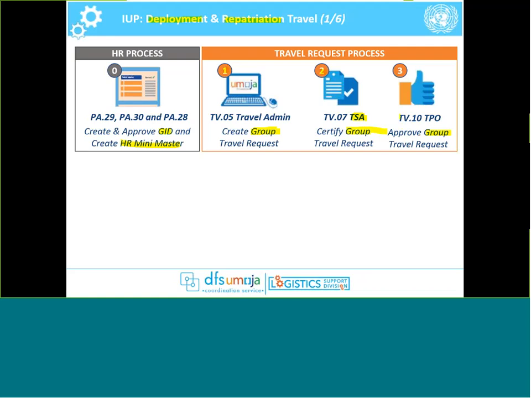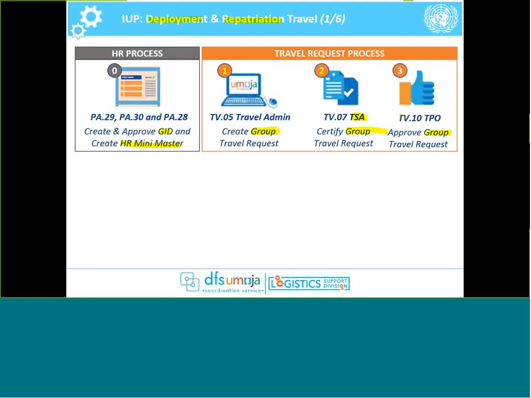The system will create one individual TR number for each traveler, for each uniformed personnel, and that's done by the system automatically after you click on approve the group travel. So before you approve the group travel, there are no individual travel requests.